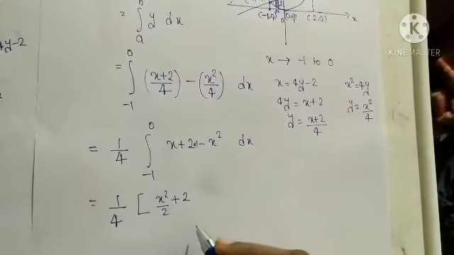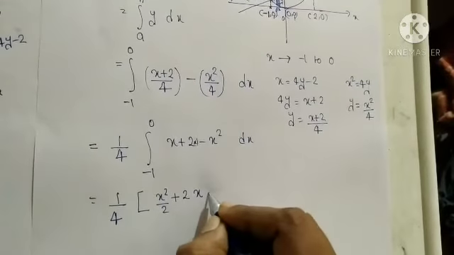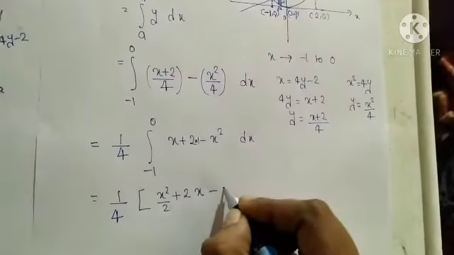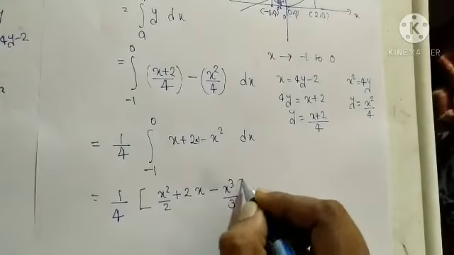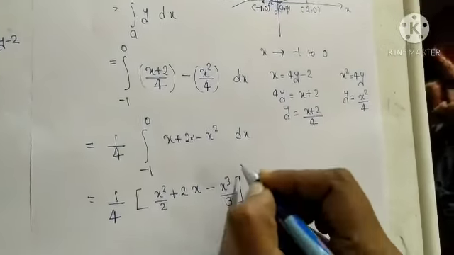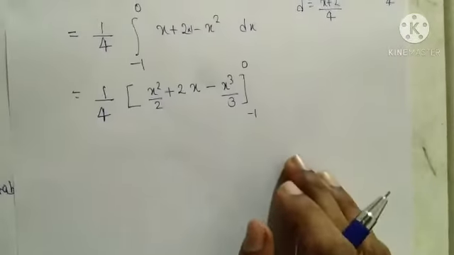Integral of 1 dx is x, minus integral of x square is x cube by 3. Okay, and don't forget to write this limit here.